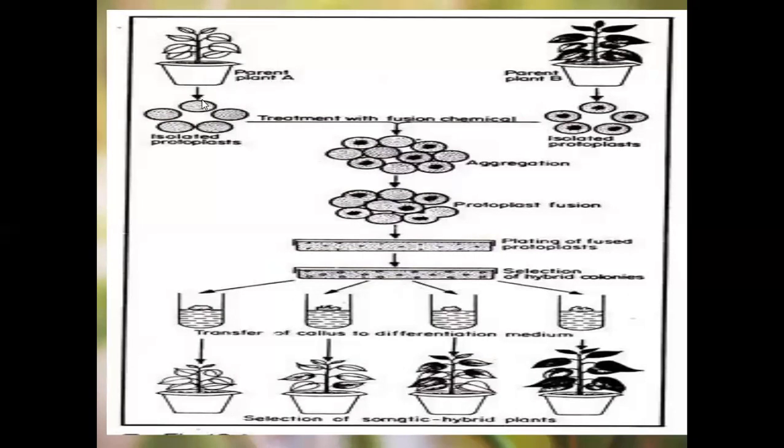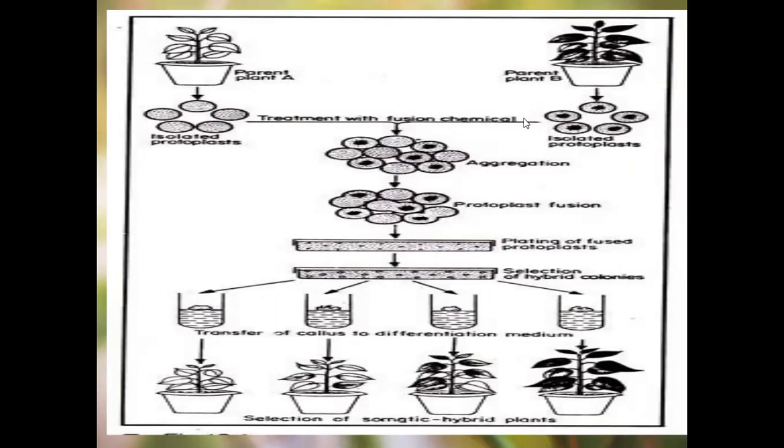See parental plant A. From parental plant A, we isolate protoplasts by mechanical and enzymatic methods. In the same way, from parental plant B, protoplasts are also collected by the mechanical method or enzymatic method.